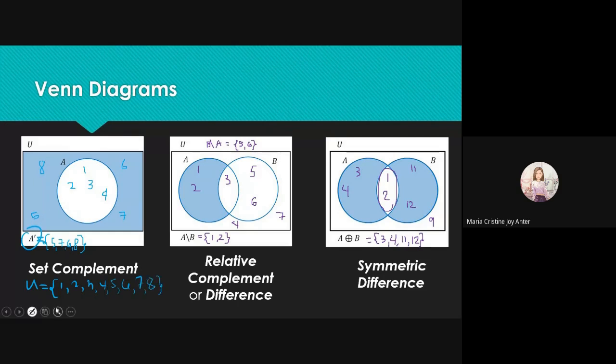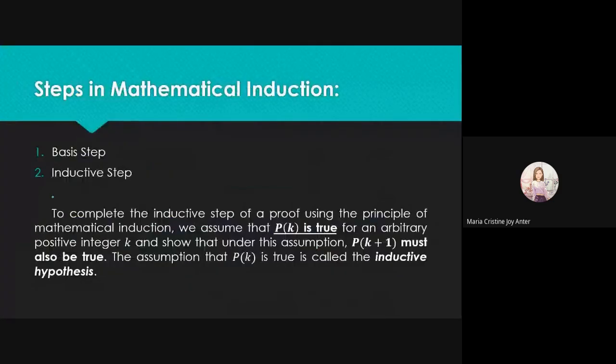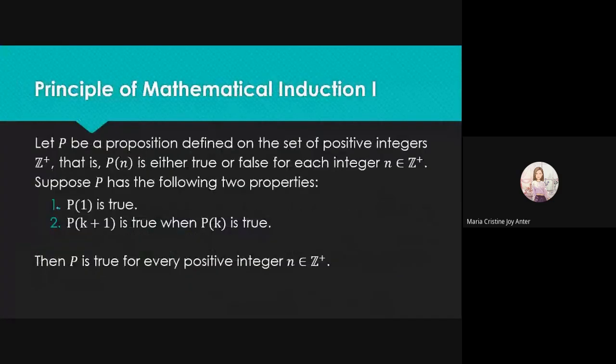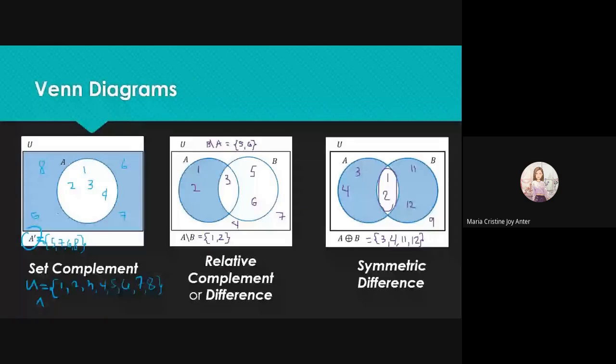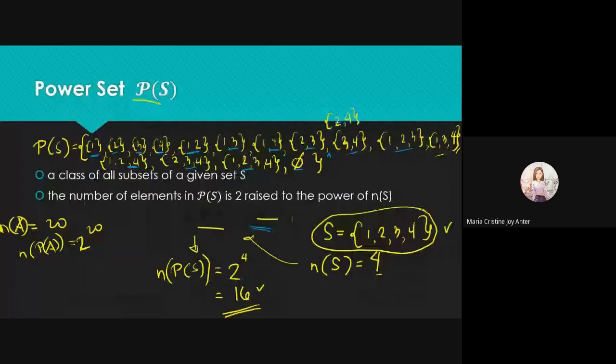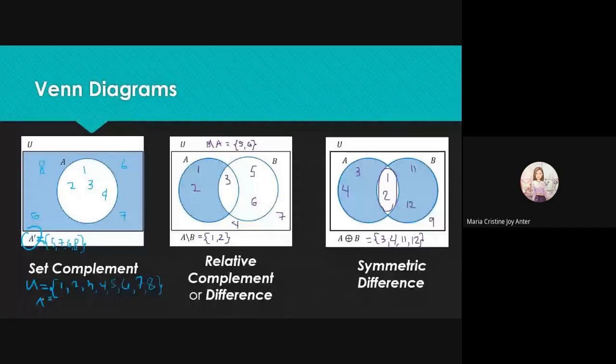But set A only contains elements 1, 2, 3, and 4. 5, 6, 7, and 8 are not inside A. So when we take the complement, we look at which elements are not in A but are in the universal set.